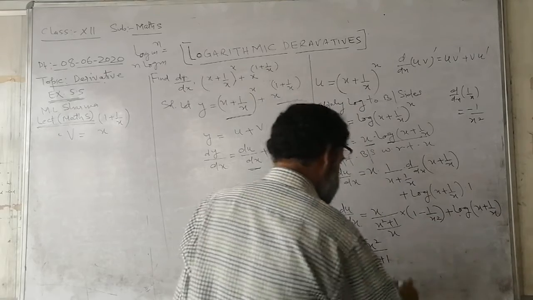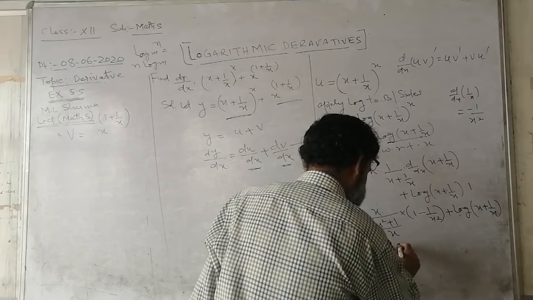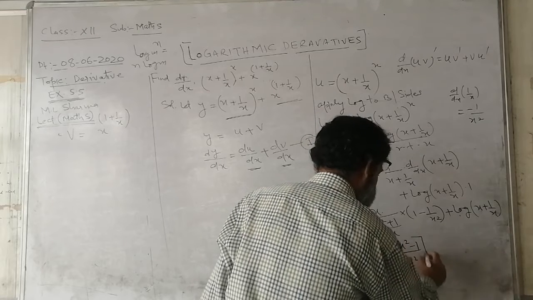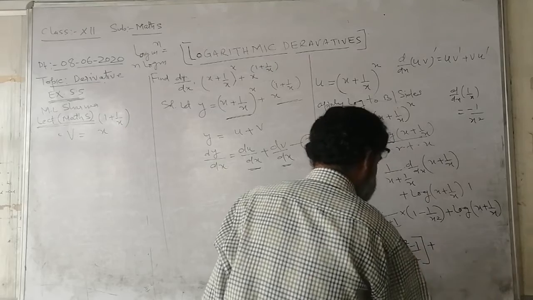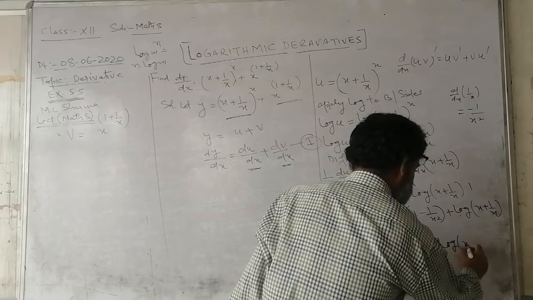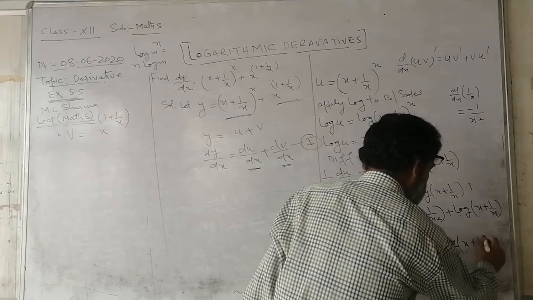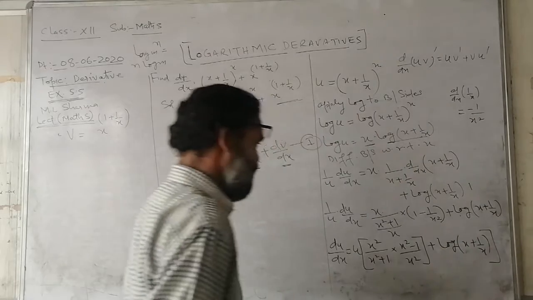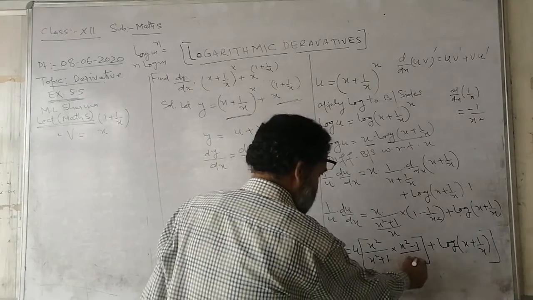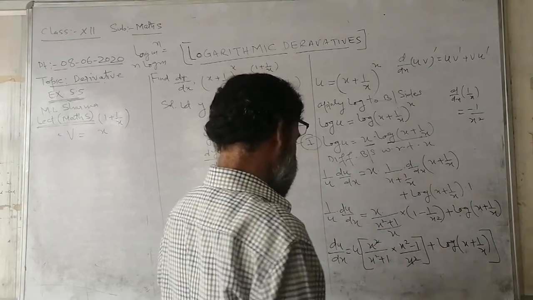When simplified, it will give x square minus 1 upon x square plus log of x plus 1 upon x. Now x square and x square will cancel each other.